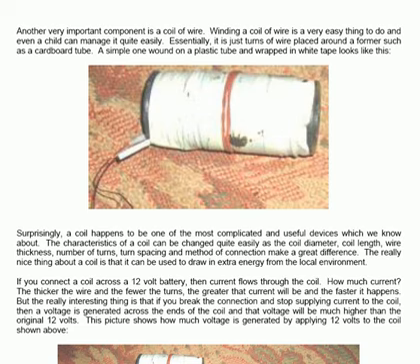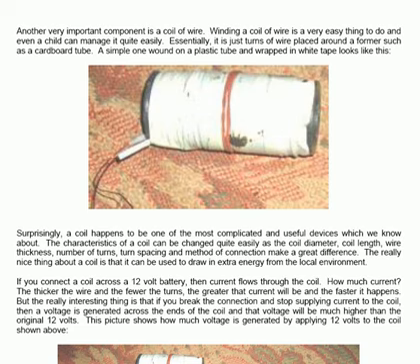local environment. If you connect a coil across a 12-volt battery, then current flows through the coil. How much current? The thicker the wire, the fewer the turns, the greater the current will be, and the faster it happens.